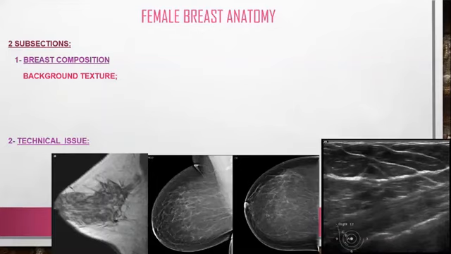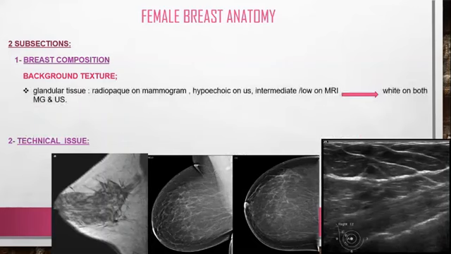There are two main subsections we want to emphasize. First is breast composition and background textures, and the second is technical issues. Regarding the background textures, we would like to know the appearance of these components of the breast on imaging.